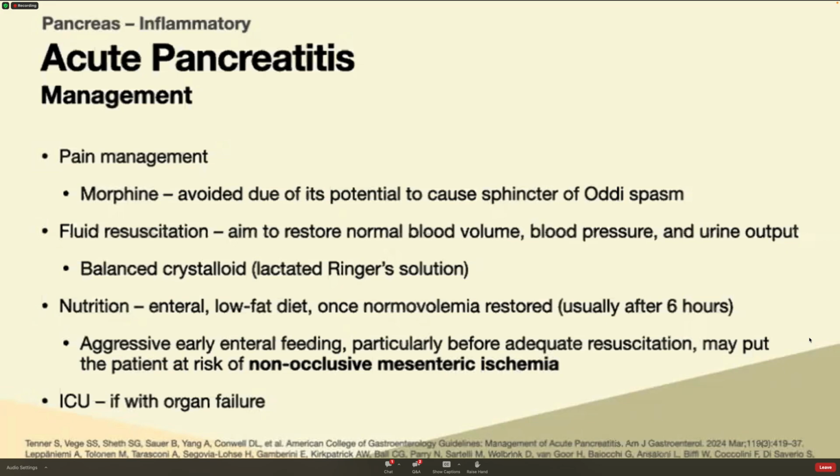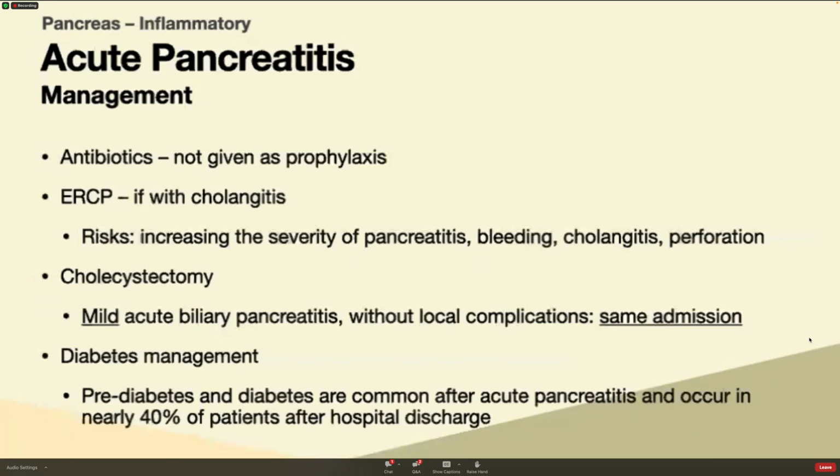If the patient has organ failure, the patient should be admitted at the ICU. Then antibiotics are not given as prophylaxis. As mentioned earlier, ERCP is done only if the patient has cholangitis, since the procedure itself also has risks such as increasing the severity of the pancreatitis, bleeding, perforation, and cholangitis.